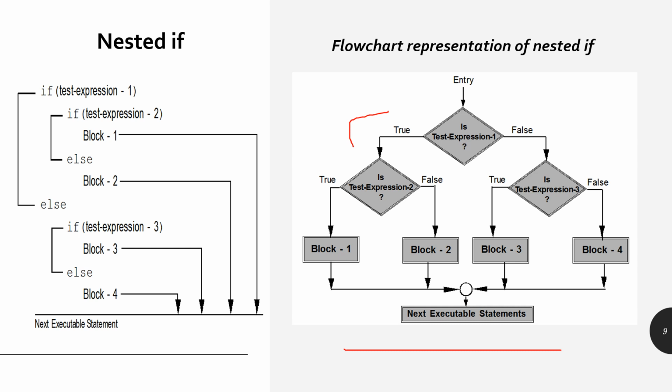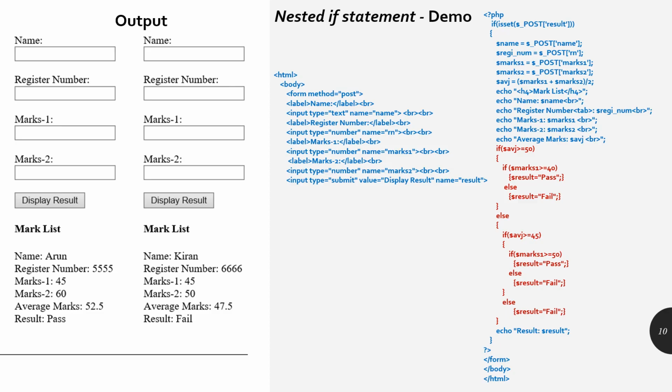Now we are going to discuss the demo program of nested if. Assume that we have two internal marks, based on which we need to prepare a mark list. After reading the marks we need to take the average.